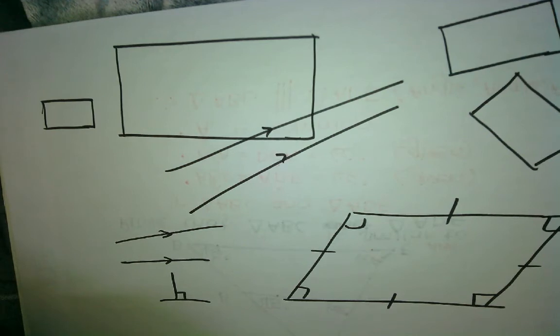Okay, and then the third question that I did was this one. Daryl says, the four-sided shapes I am thinking of have at least one pair of adjacent sides equal.